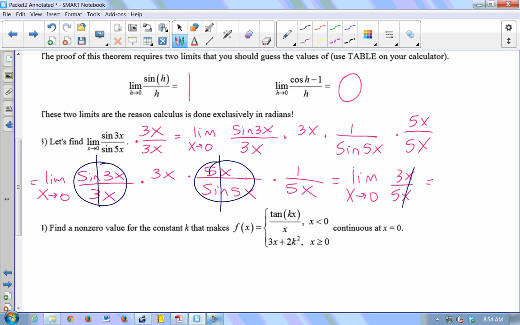And then what's my limit? 3/5, which is 0.6 that we got numerically. So the only really tricky thing I did was I multiplied by a fancy form of 1 twice. I multiplied by 3x over 3x and 5x over 5x so that I could take the sine 3x and the sine 5x and write them in the format where I know the limit is 1.